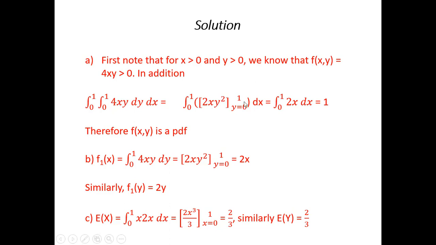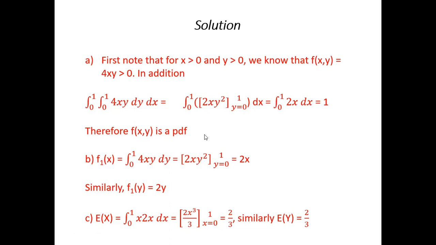Y is going from 0 to 1, so we evaluate this, then integrate with respect to x. It's easy to see this simplifies to 2x. When we integrate 2x from 0 to 1, we get 2x squared over 2. The 2's cancel, and we are left with 1. So therefore, f of xy is a PDF.